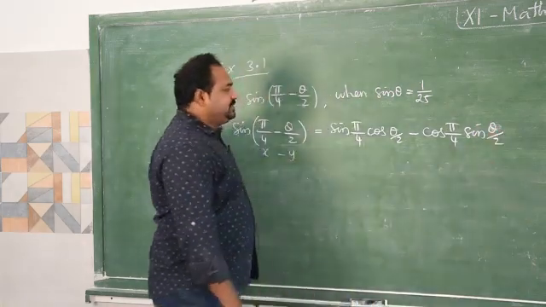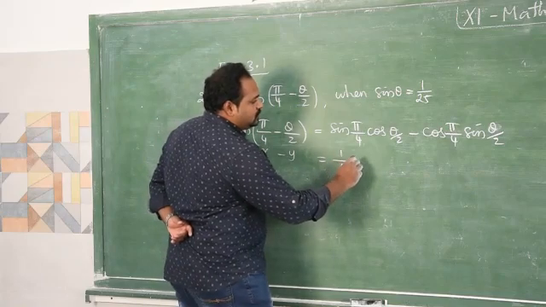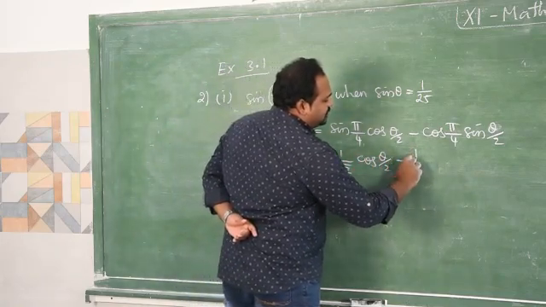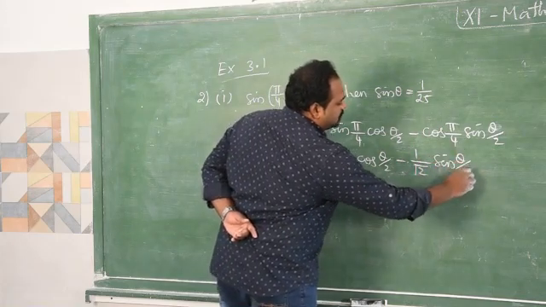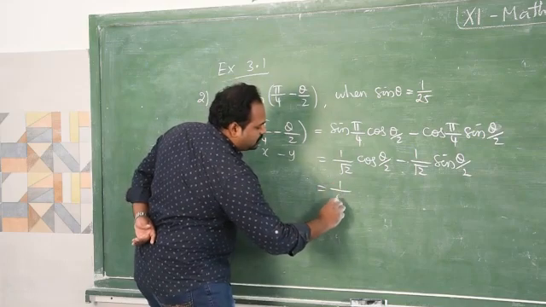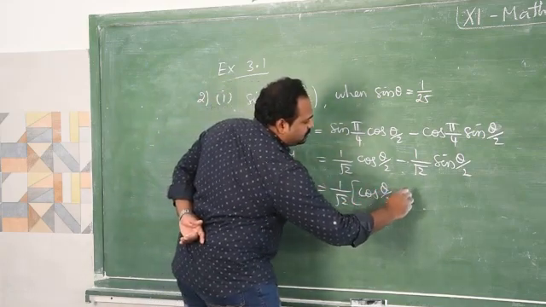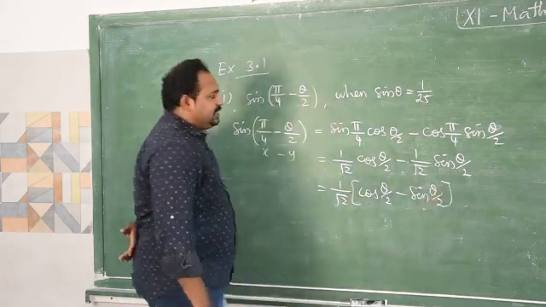So after expressing, we know the value of sin pi by 4 is 1 by root 2, cos theta by 2, minus cos pi by 4, also 1 by root 2, sin theta by 2. So here 1 by root 2 we can take commonly outside: cos theta by 2 minus sin theta by 2.